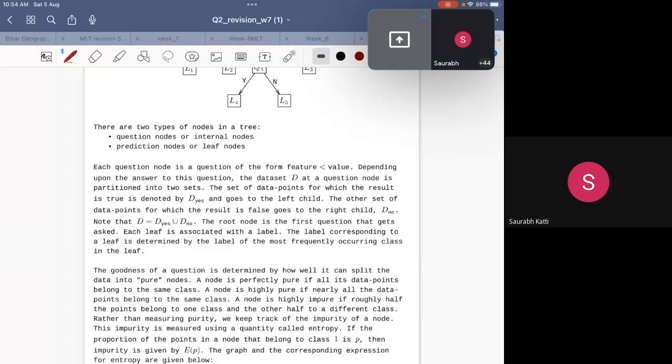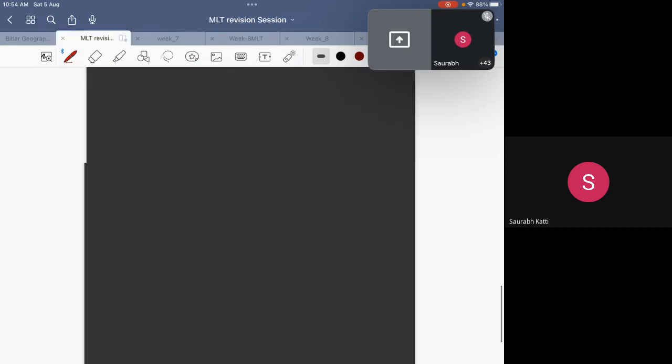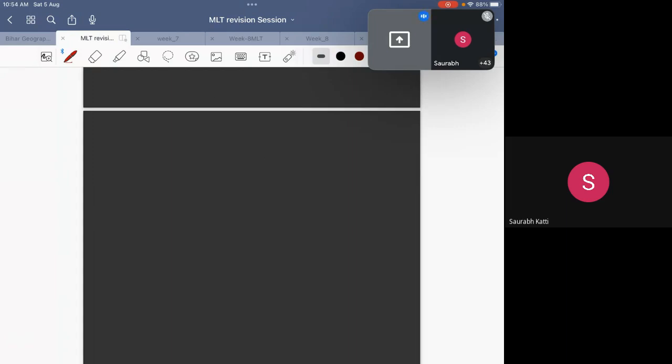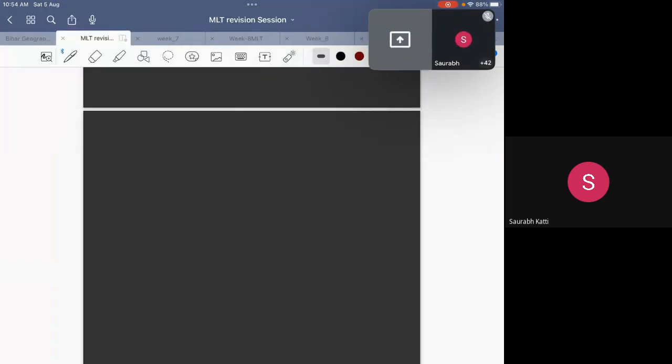So Gini impurity has not been taught. Basically, you have been taught information gain and how to calculate that, and the entropy, right? So let's have a simple example that I am giving you. In the starting, you have some class 1 and class 0.